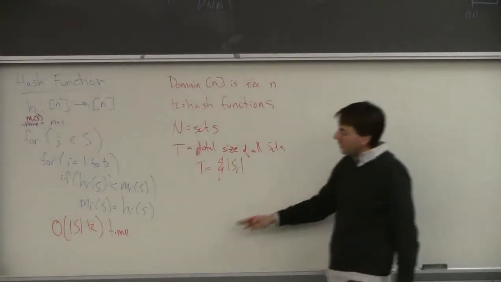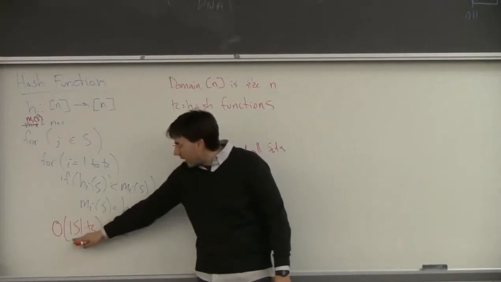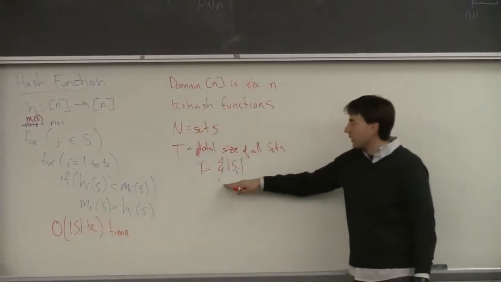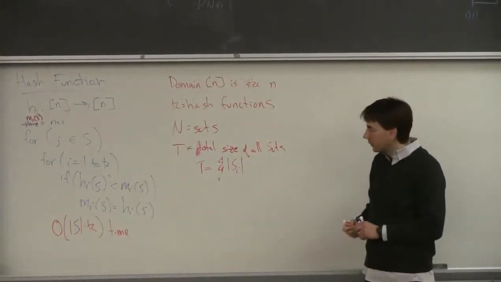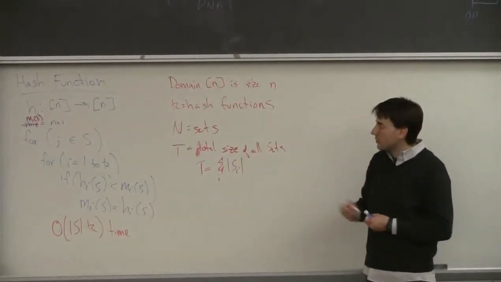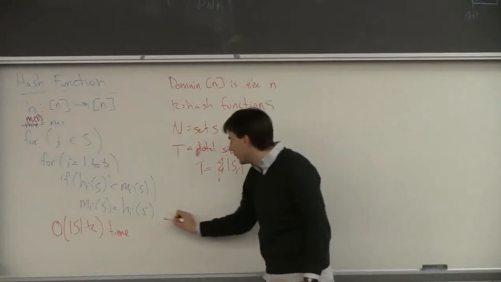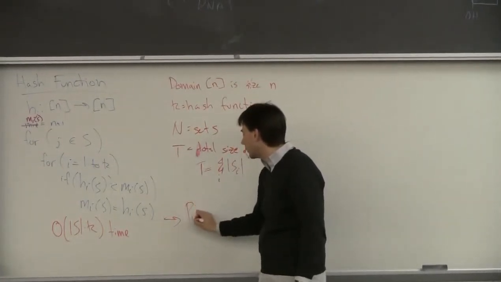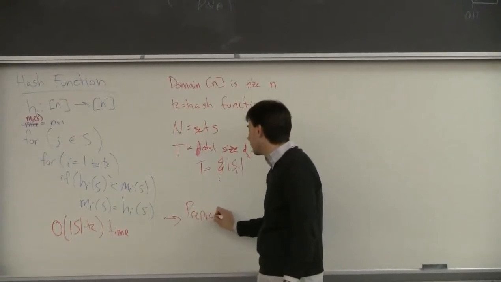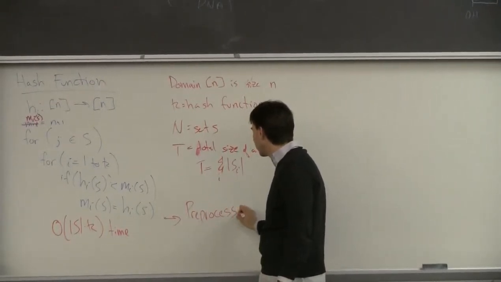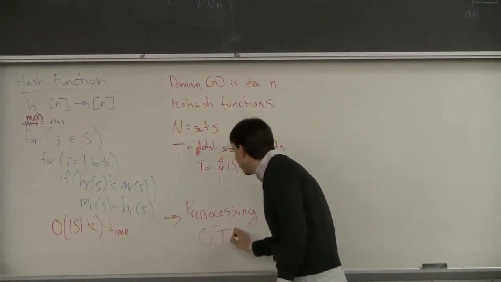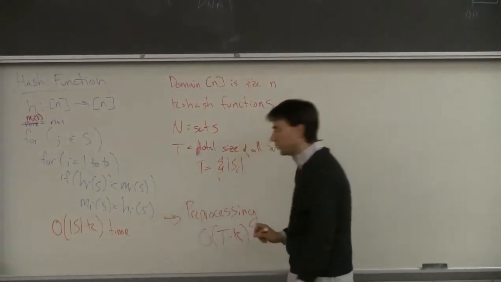But this scales with, for each set, the size of the set times k. So if the total size of all the sets is t, and I need to run this pre-processing for all the sets, then the total time for pre-processing is going to be O of t times k.